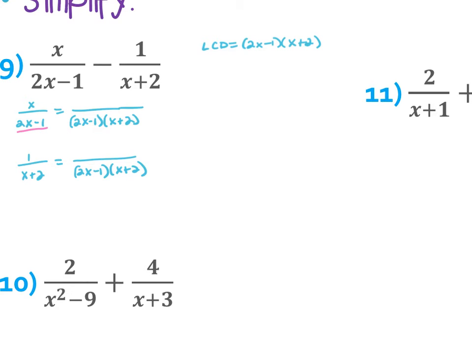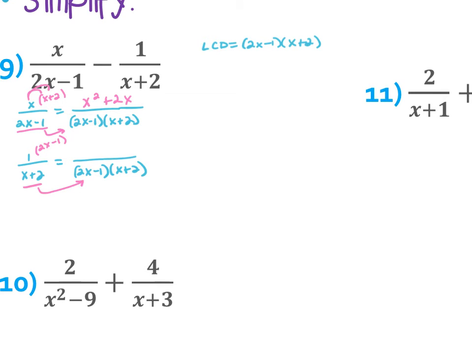Missing from the first denominator to the second is x plus 2. So I'm going to distribute the x to both, and I get x squared plus 2x. Missing from x plus 2 to the LCD is 2x minus 1.